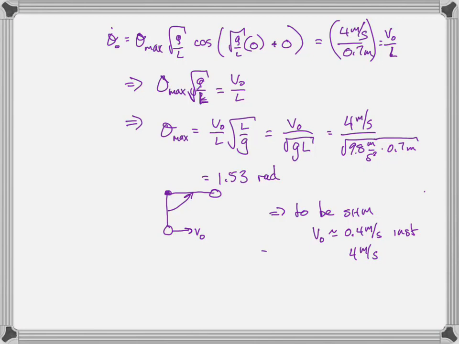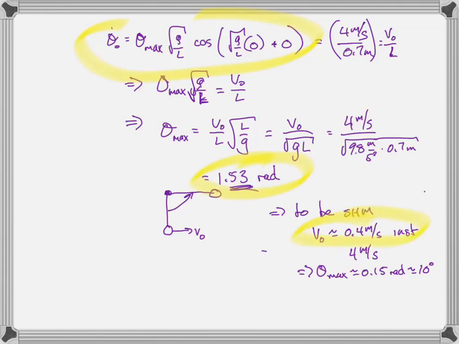We used this equation, which assumes a small angle, in order to calculate this. So this can't be right. This can only be an approximation, and it's not a good approximation. To be simple harmonic motion, it really needs to be an angle of 10 degrees or less.